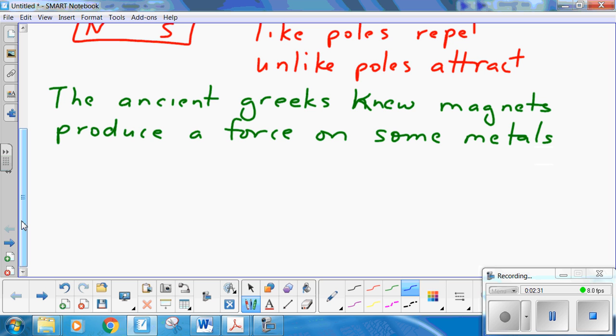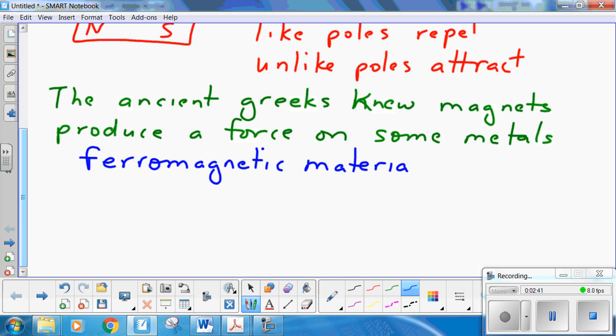Now, a couple things to note. These are called ferromagnetic. Iron, cobalt, and nickel are the most common ones.